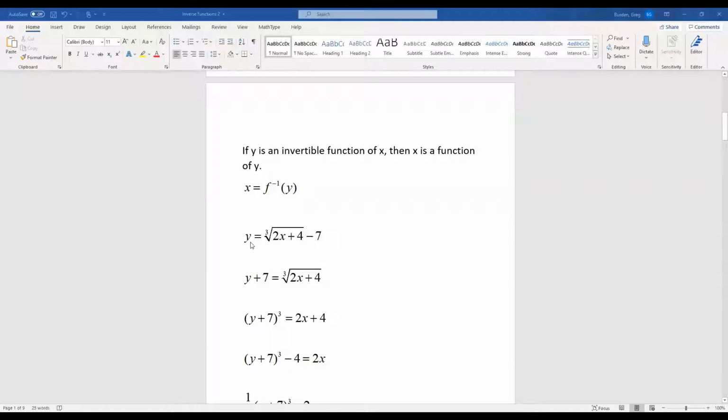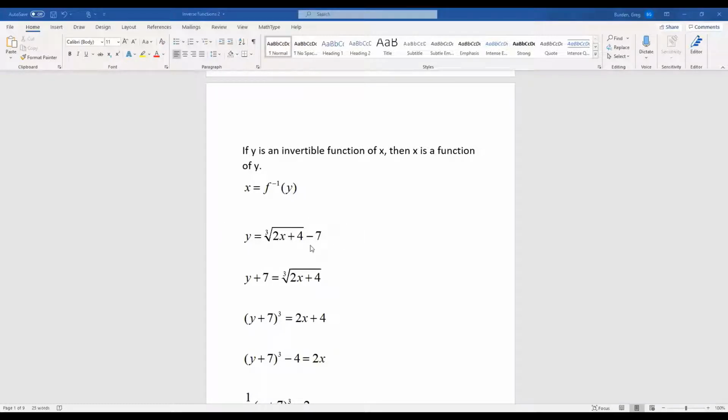So what we have here is y is this function of x that we looked at before. And so from this perspective, if x is the inverse function of y, this function has y solved for in terms of the input x. You input something at x, you end up with something at y.